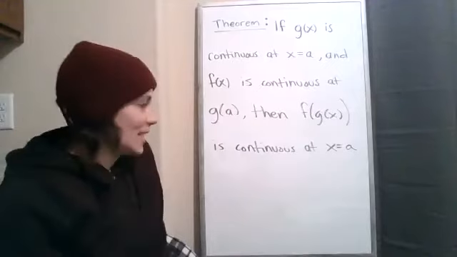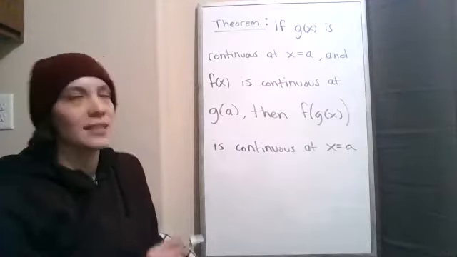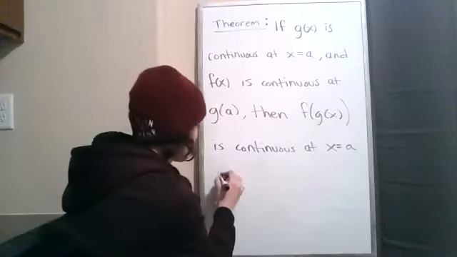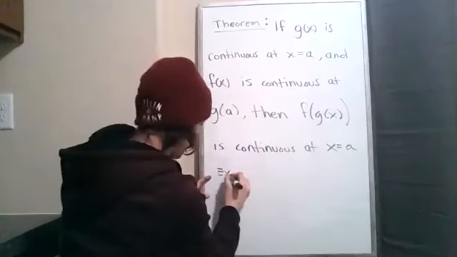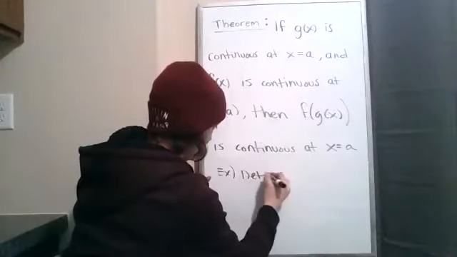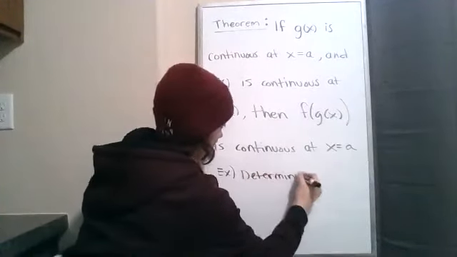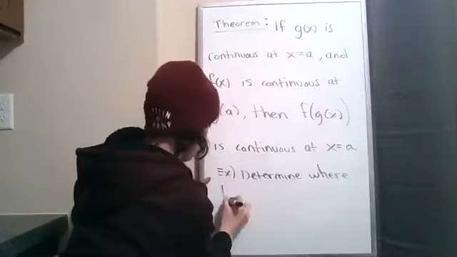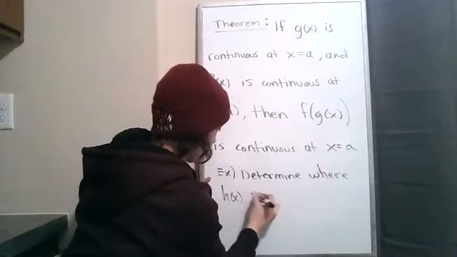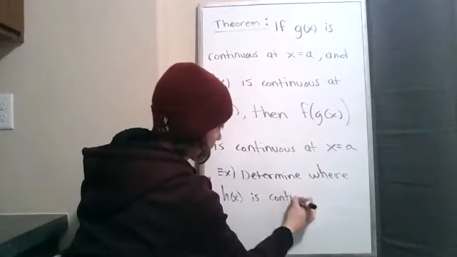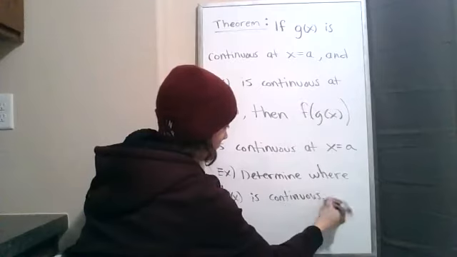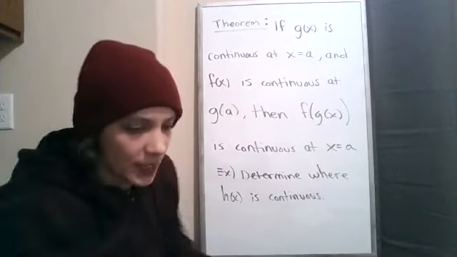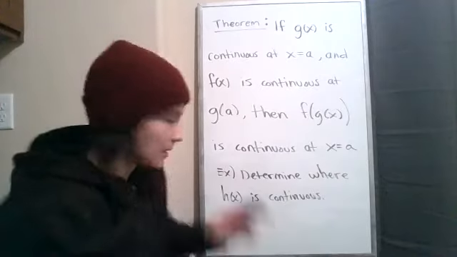So my example is determine where h of x is continuous. And h of x is ln of cosine of x.